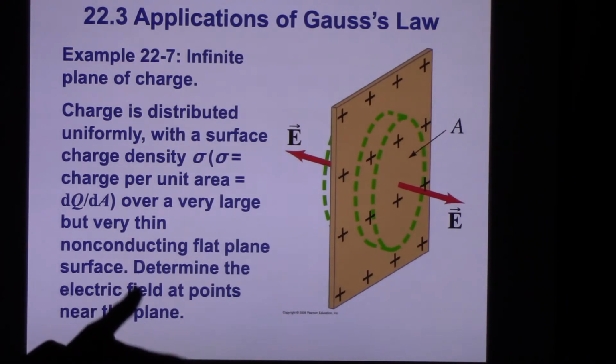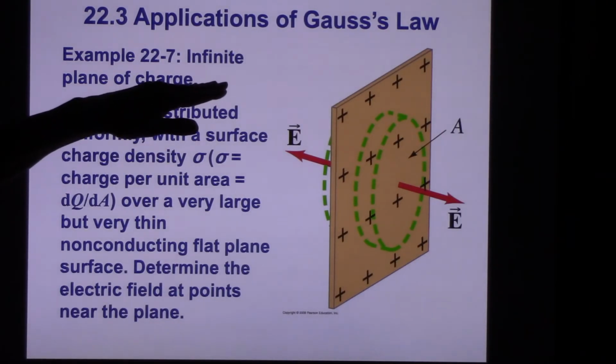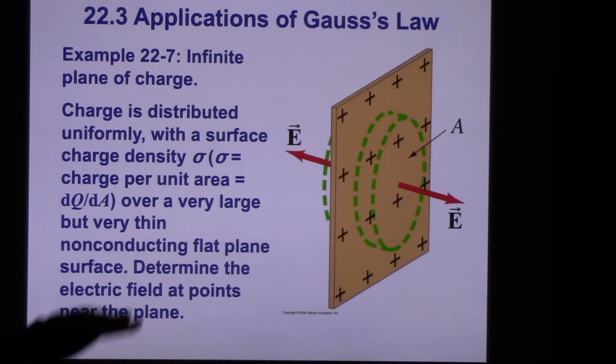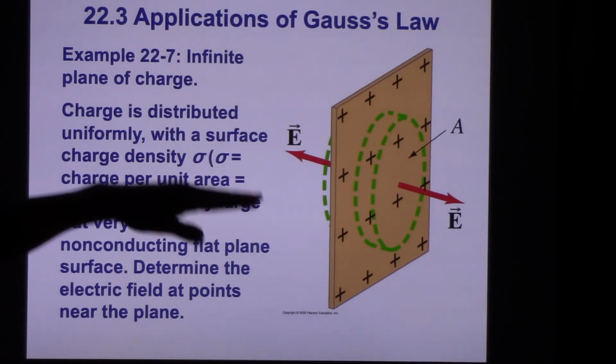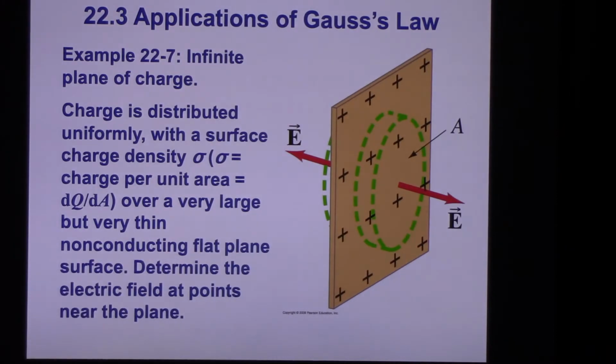It's just because I was so close to the surface that it gave this appearance of being an infinite surface area. So this is kind of the same idea. When we use Gauss's law for a surface, it's going to give us a good representation if we're very close to the surface compared with the size of the surface itself.